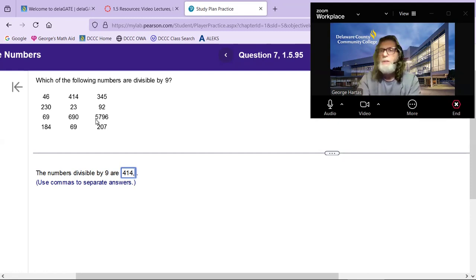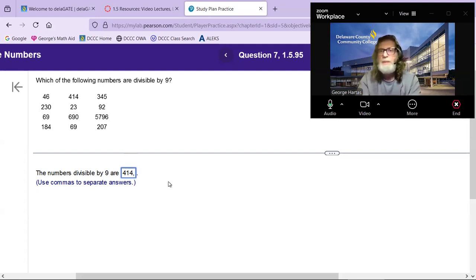Nope. 5 plus 7 is 12. 12 plus 9 is 21. 21 plus 6 is 27. Does 9 divide into 27? Yes, it does, because 3 times 9 is 27. Therefore, 9 will divide into this number here with 0 remainder also.